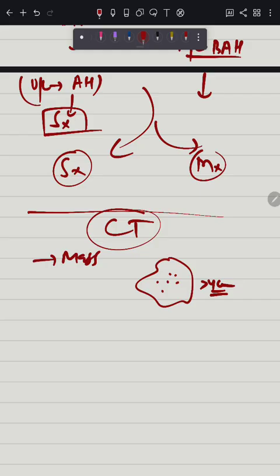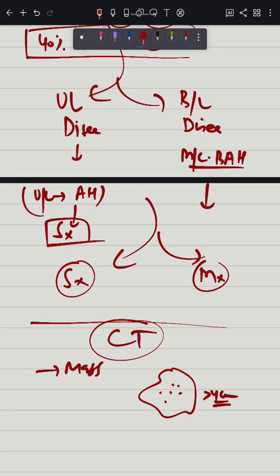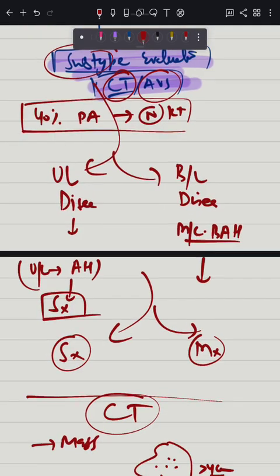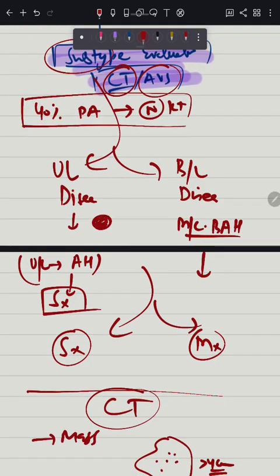But CT cannot reliably tell you whether the nodule that is seen is actually secreting aldosterone or not, because many people, especially above 40, have incidental nodules that don't secrete anything. So CT alone is not enough to decide surgery. If you see a mass on CT but you don't know whether that nodule is secreting aldosterone or not, the aldosterone can be coming from any other site.